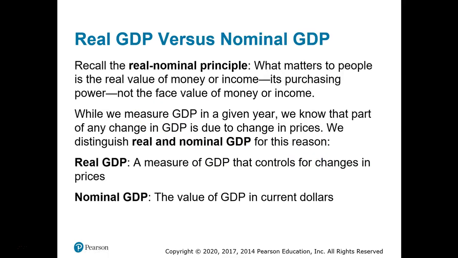All right. Now, most of you should remember the real versus nominal. We know that real is all with all the fluff taken out, all that inflation taken out. And the nominal principle means it's basically what we think it should be valued at. So it's what it is during that given time frame, not what it is comparably from year to year. So what matters to people is the real value itself. When we talk about income, when it's purchasing power, it's not necessarily the dollar bill, what's written on it.